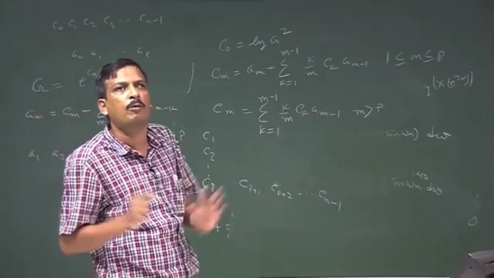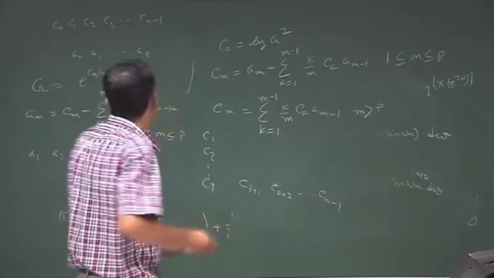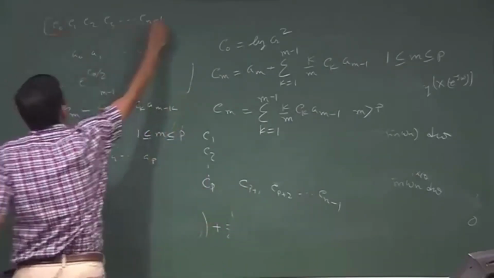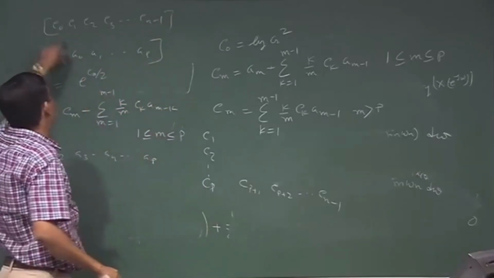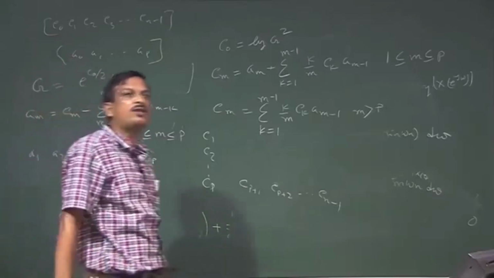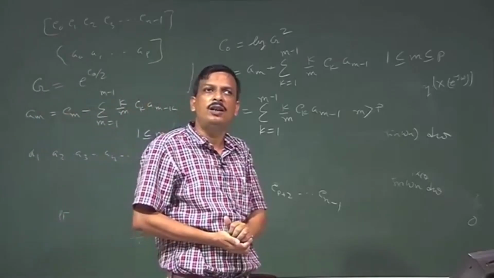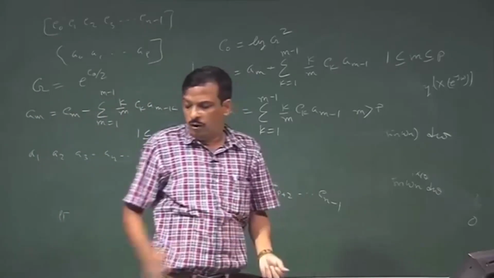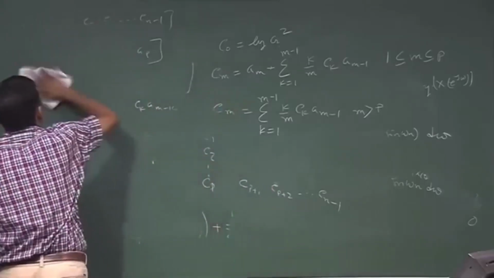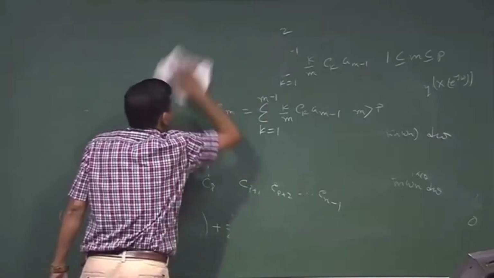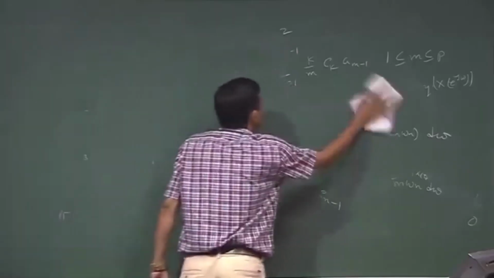So, all are speech parameters. The Cepstral is a speech parameter, the LPC coefficient is a speech parameter, and LPC to Cepstral, Cepstral to LPC conversion is possible. Okay. Now, we go for the next topic, which is called the MFCC parameter, mel frequency Cepstral coefficient.